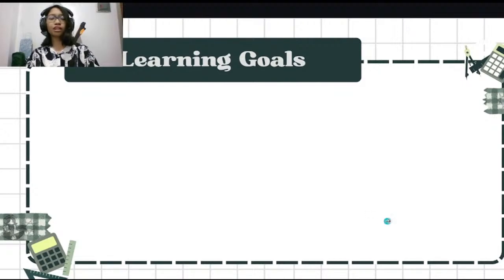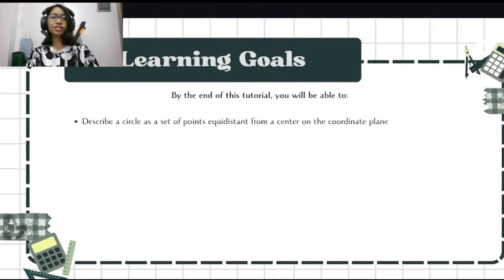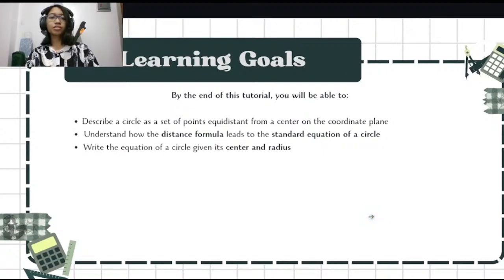So what are our learning goals today? By the end of this tutorial, you will be able to describe a circle as a set of points equidistant from a center on the coordinate plane. Understand how the distance formula leads to the standard equation of a circle. Write the equation of a circle given its center and radius.